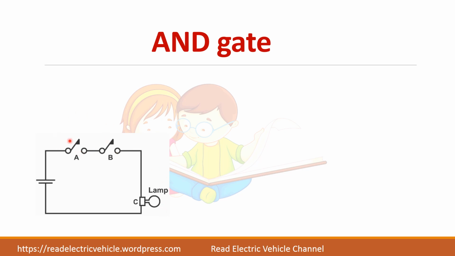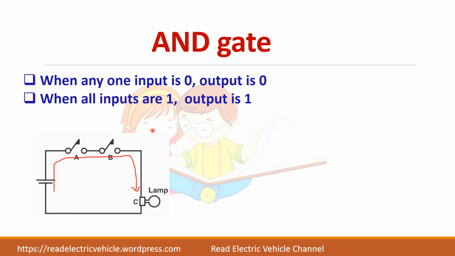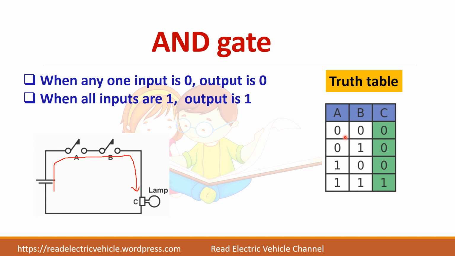If any one is off, circuit is open, no current can flow, so the lamp will be off. So, for different combinations of input, you see the output. Only when both the switches are on, you will get a high output in AND gate.